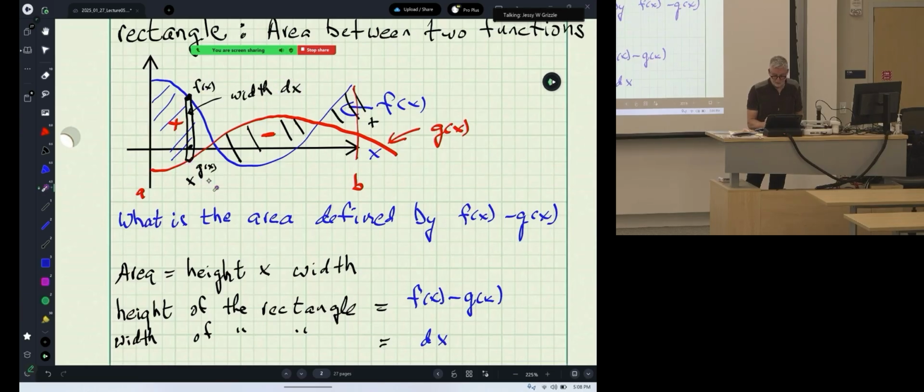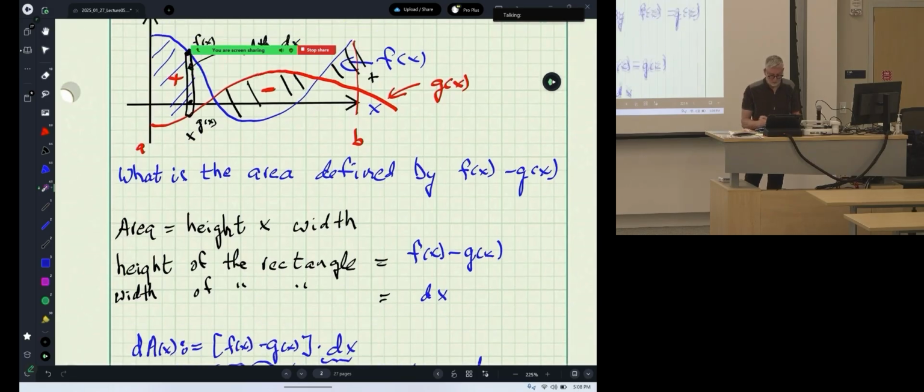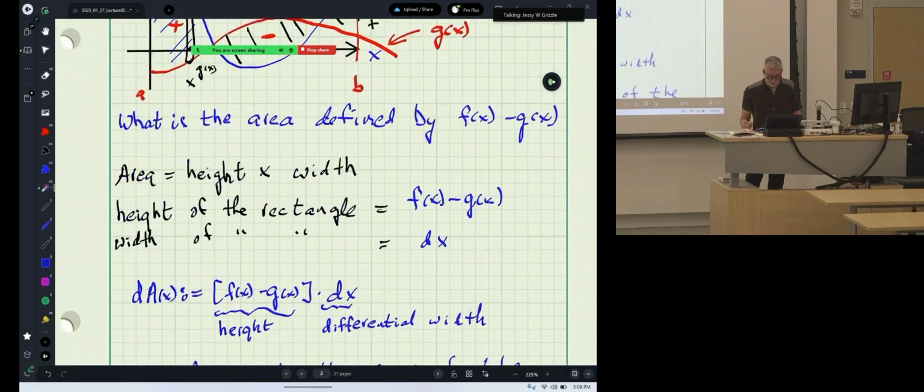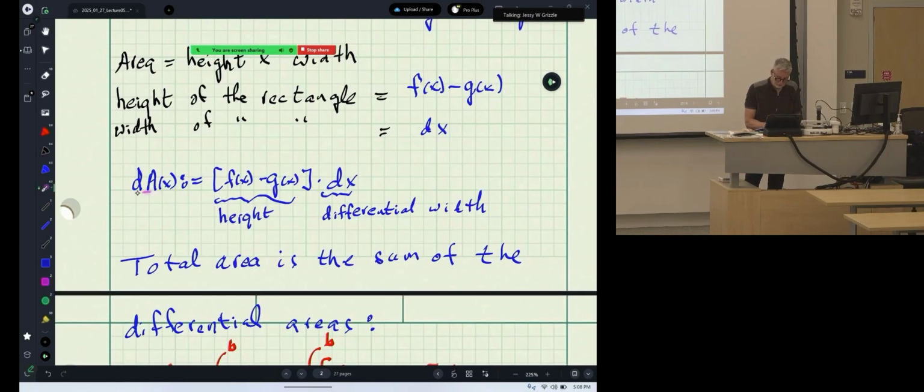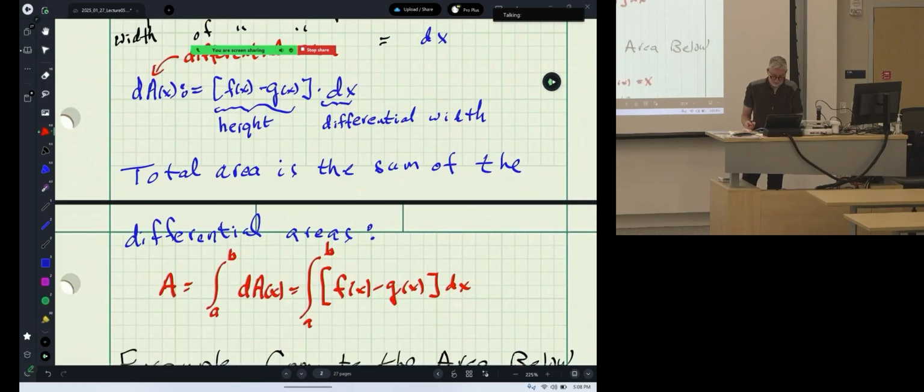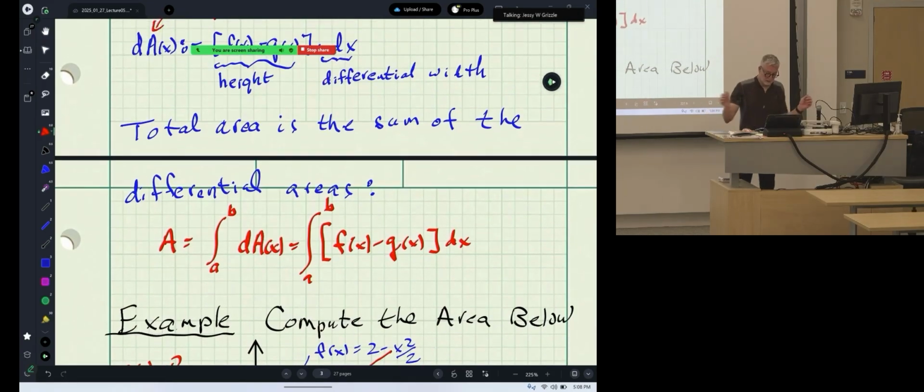Figure out its height, top and the bottom. The differential area is height times differential width. And then the total area is the sum of all of the differential areas.